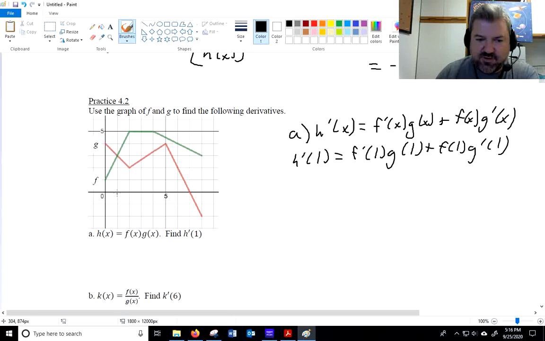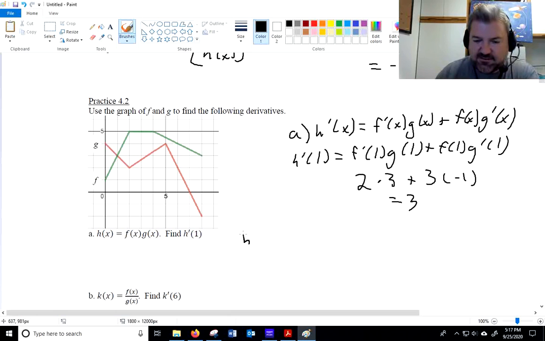At x equals 1, f prime is the slope of this segment, up 2 over 1, so that is 2. g of 1 is just the function value, so go up to g from 1 and over to the left, and that is 3. f of 1 is also 3 because they're actually intersecting there. That's kind of cool. And then g prime of 1, the slope at x equals 1 of g, is negative 1. So this is 6 minus 3, which is 3.